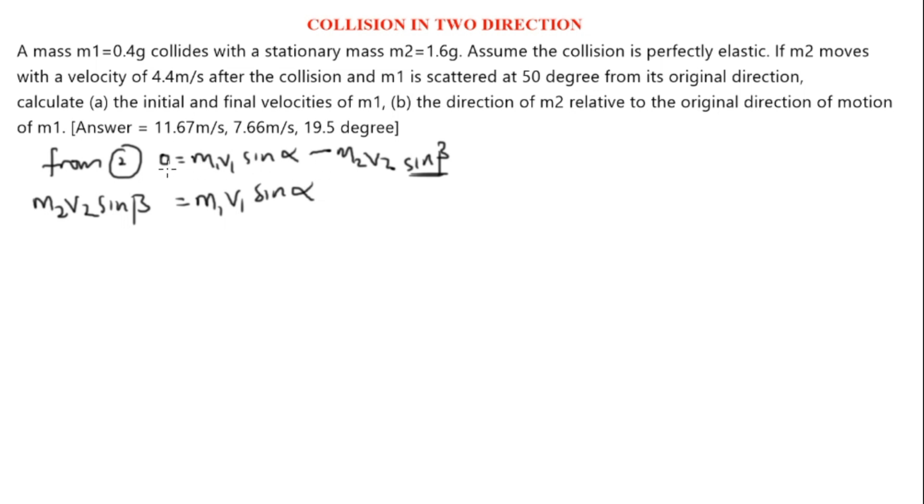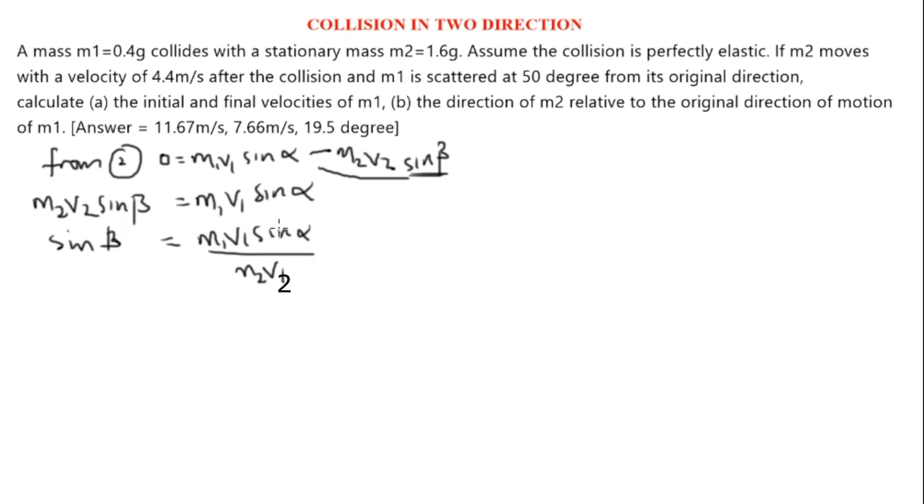That is, I have added m2 v2 sine beta to both sides of the equation, or you can say that I have taken this to the other side. Now I can say that sine beta is equal to m1 v1 sine alpha upon m2 v2. That is, I divided both sides by m2 v2, so you obtain this.